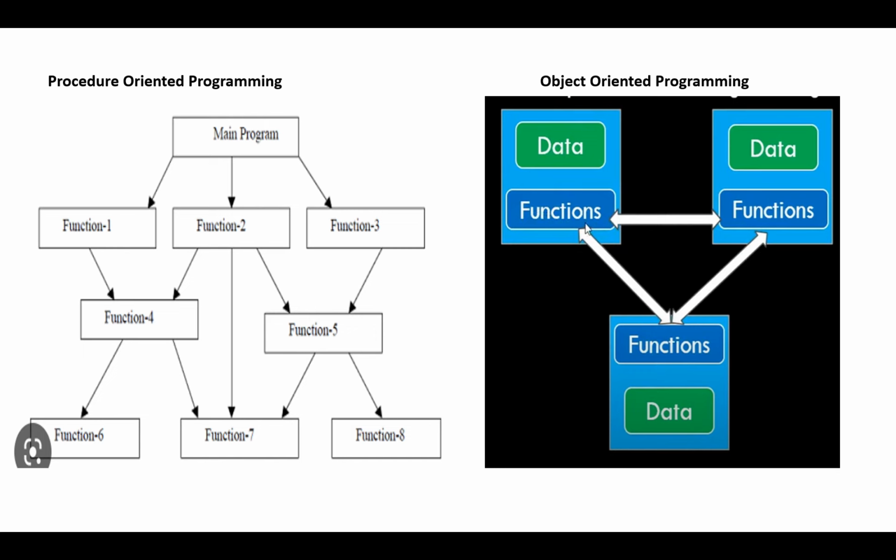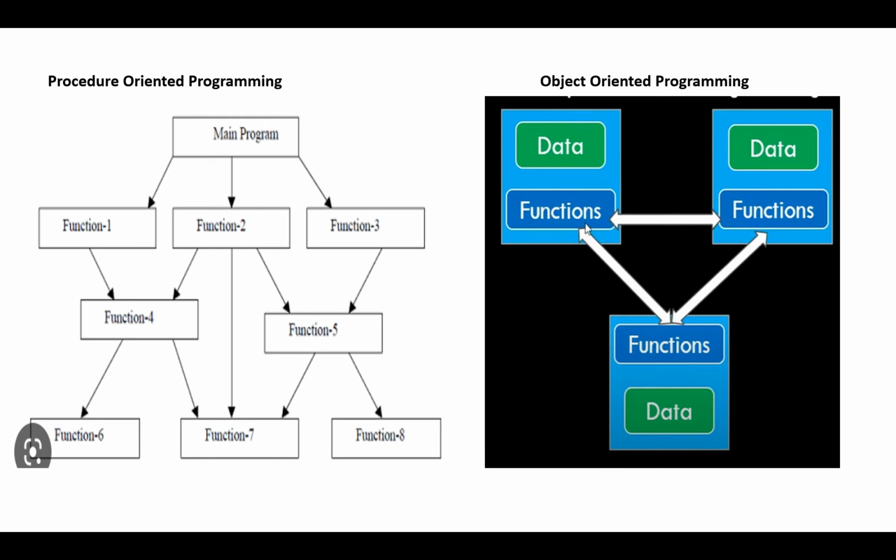And each function has its own local data, and also different functions share the global data as well. So which means that any function can modify that global data, which means that the data movement in procedure oriented programming language is high, which is again an indication that the data security is less.